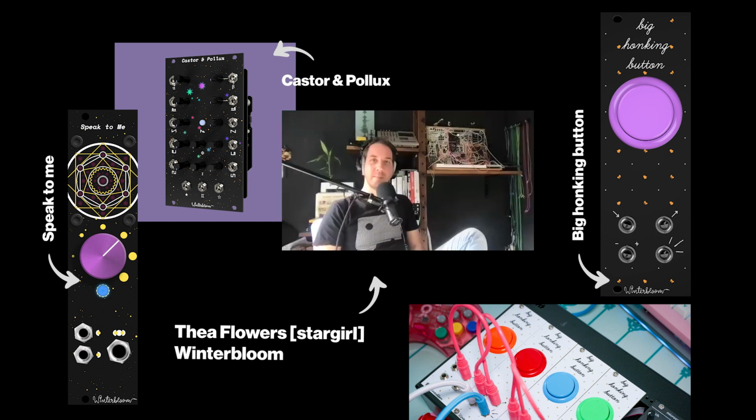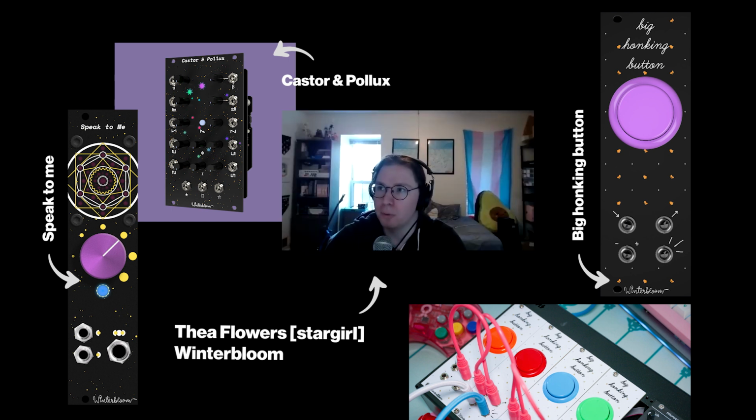For me, I have a Discord for Winterbloom, and there's people in there that I respect and trust, and they're people who are both my customers and my friends, and I'm usually not very shy about sharing stuff with them and getting feedback from them, and they give really good and thoughtful feedback, right?